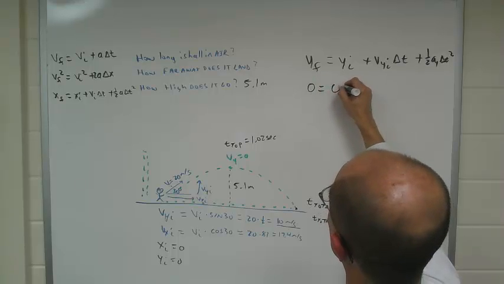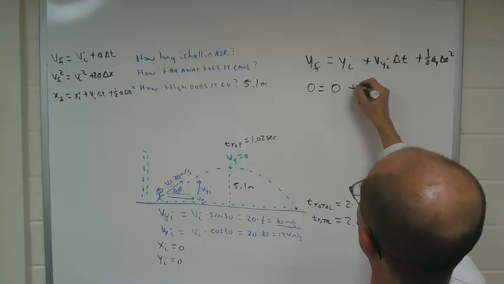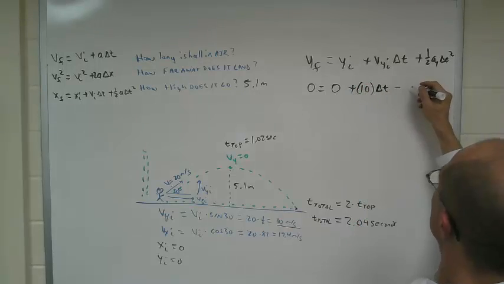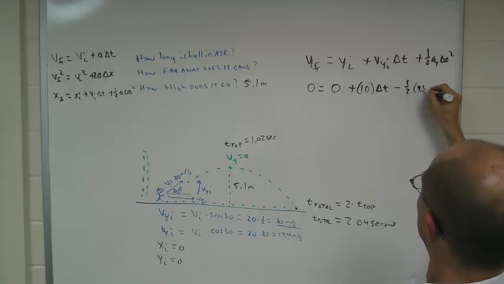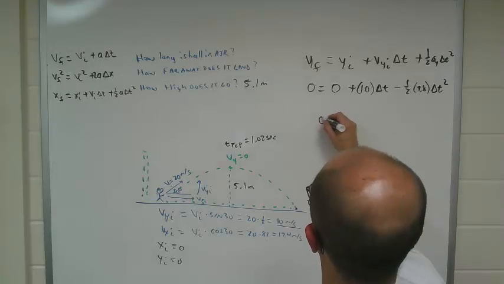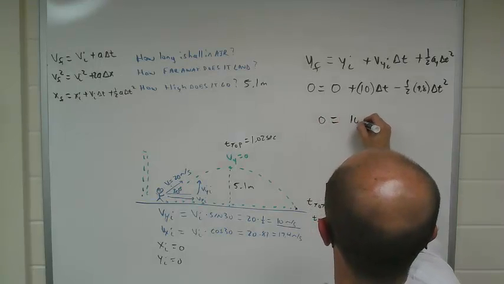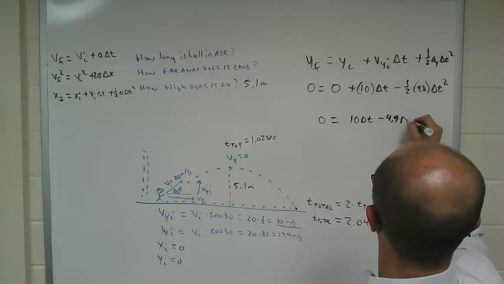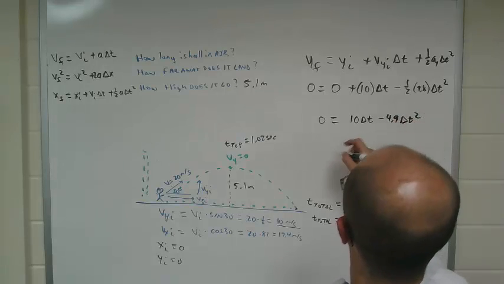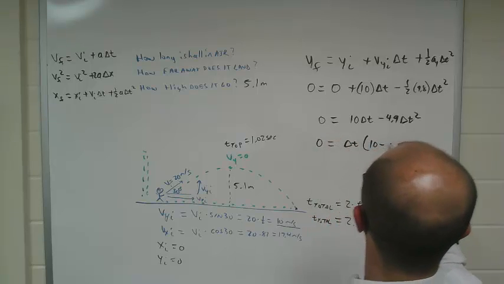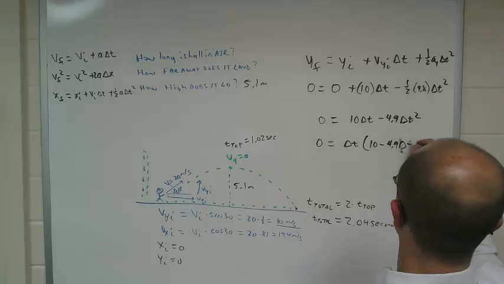Y initial is 0. We have plus our 10, we don't know delta t, minus 1/2 of 9.8 delta t squared. So 0 equals 10 delta t minus 4.9 delta t squared. We can factor out 1 delta t, and we have now 10 minus 4.9 delta t.